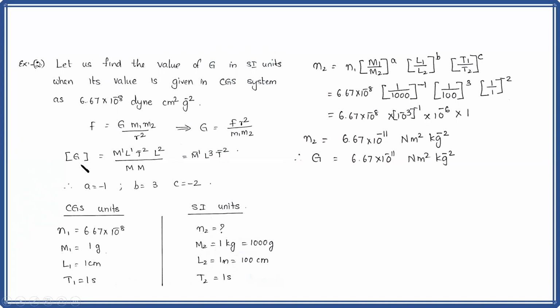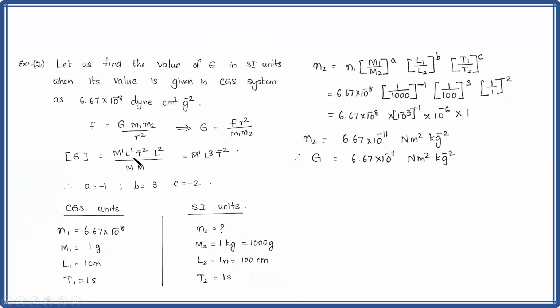The dimensional formula of G: first, M1 L1 T minus 2 is for the force, then it is multiplied by r square, and r square means length square, L2, divided by m1 m2. Therefore, the two m's we have kept.